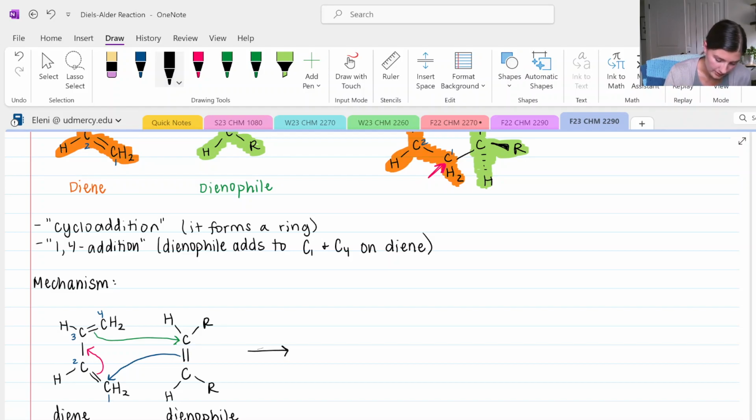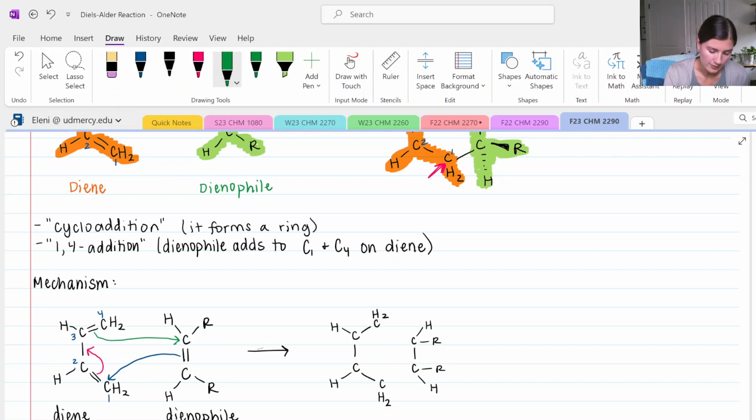And so now the product here, I'm going to write in black all of the bonds that did not change. Now the green arrow on the left shows a new bond forming between carbon 4 of the diene and one of the carbons in the dienophile.